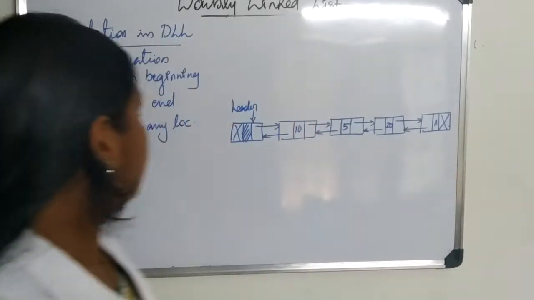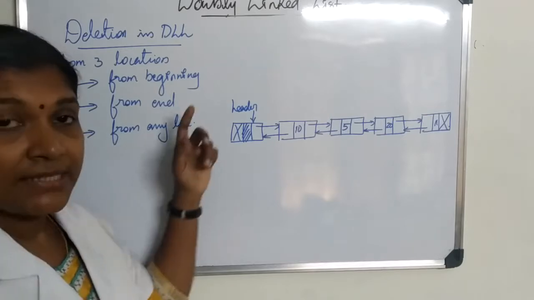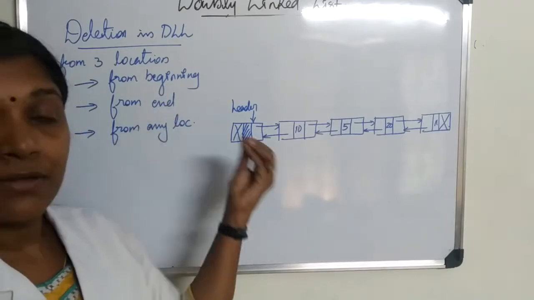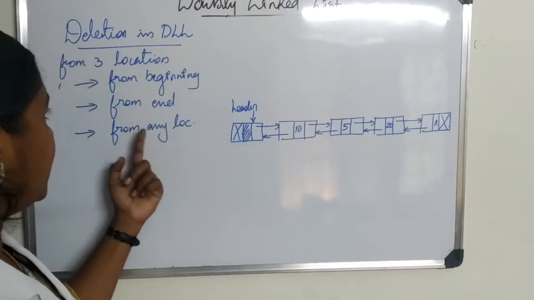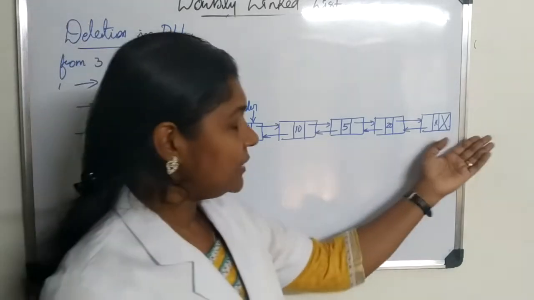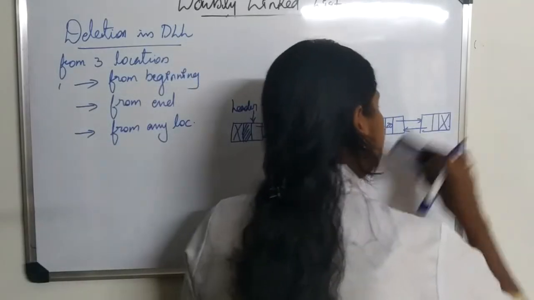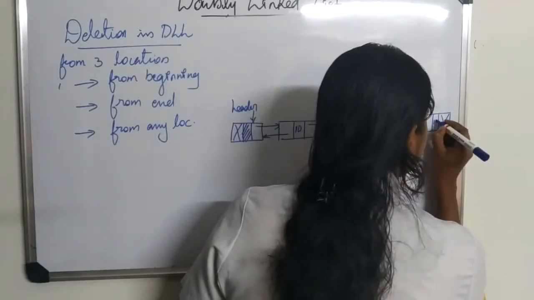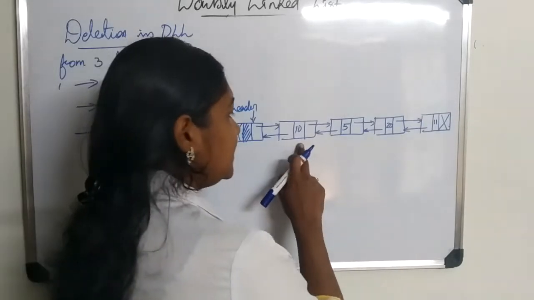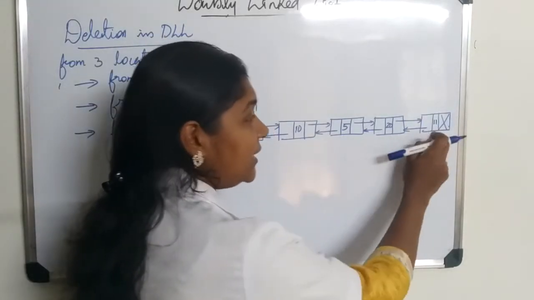I already mentioned that in the deletion case, deletion of a node is possible from three locations: from the beginning, from the end, and from any location. So I'll show you how it is in this diagram. Here I've shown the nodes with the elements 10, 5, 20, and 11.